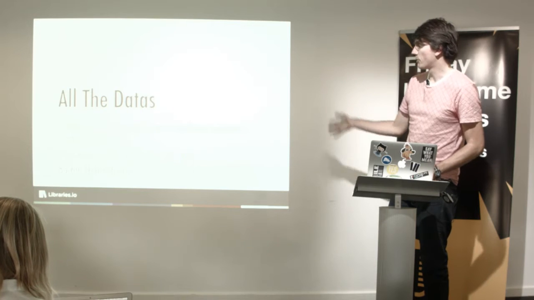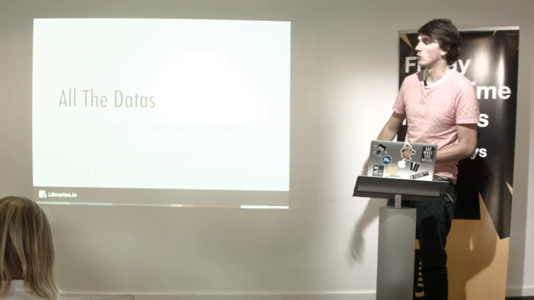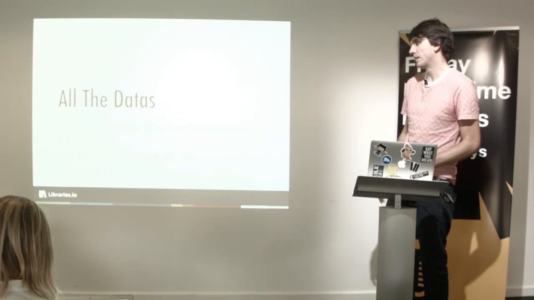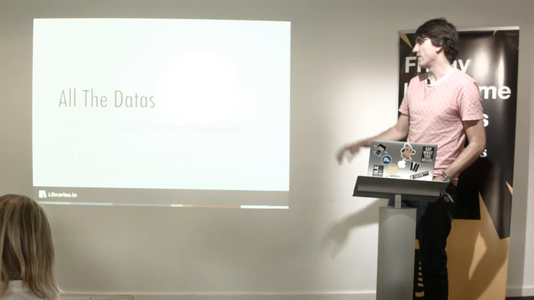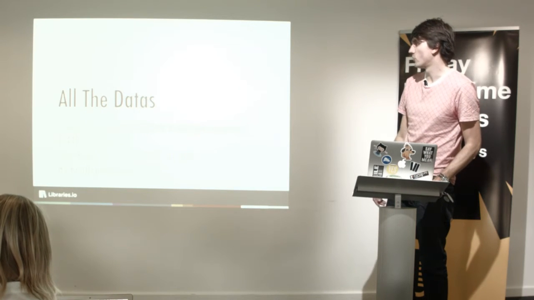And amongst all of the repositories, so we basically just listen to the fire hose, use the API for GitLab and GitHub and Bitbucket, we know of around 85 million dependencies upon those 2.24 million projects.